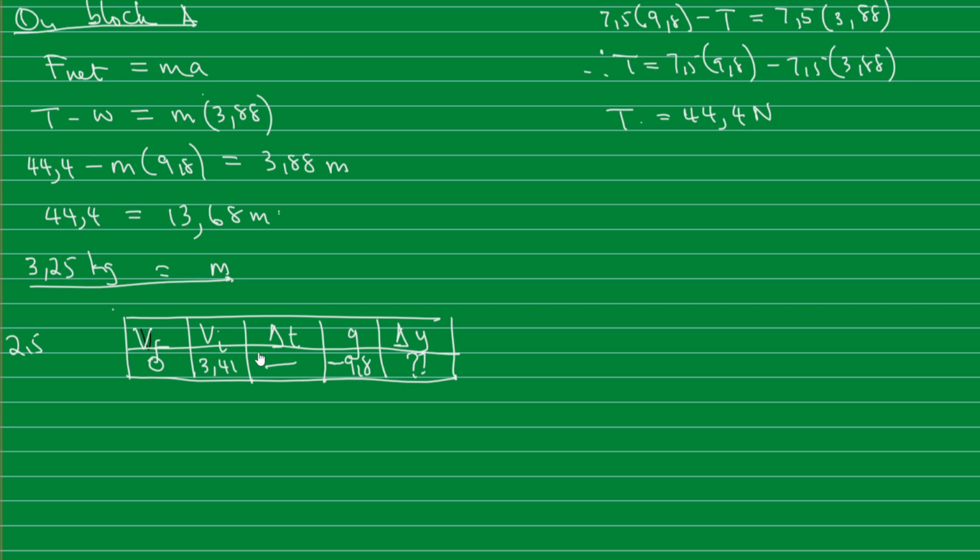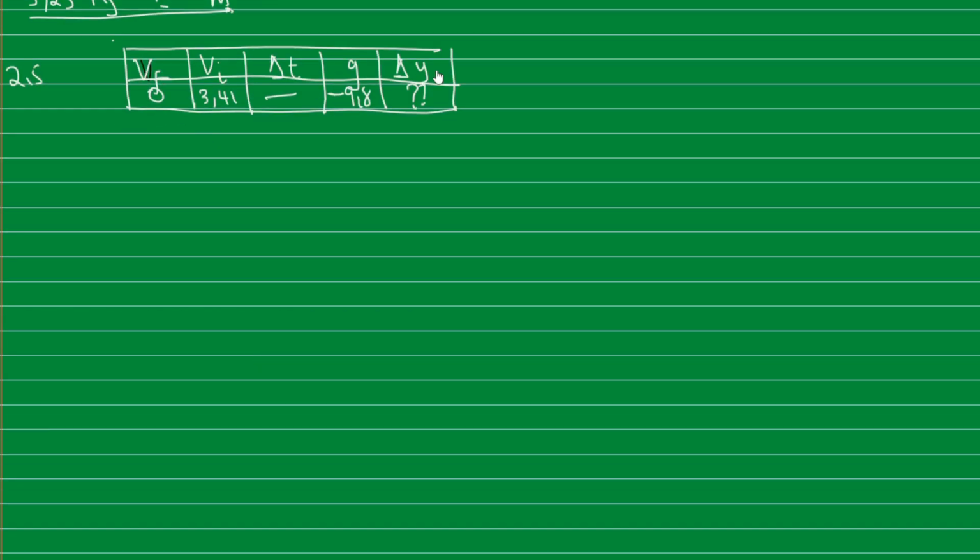Again, we are going to use the formula for calculating the displacement, which is V final squared equals V initial squared plus 2a delta y. Substituting in there, we've got 0 squared equals 3.41 squared plus 2 times negative 9.8 times delta y.